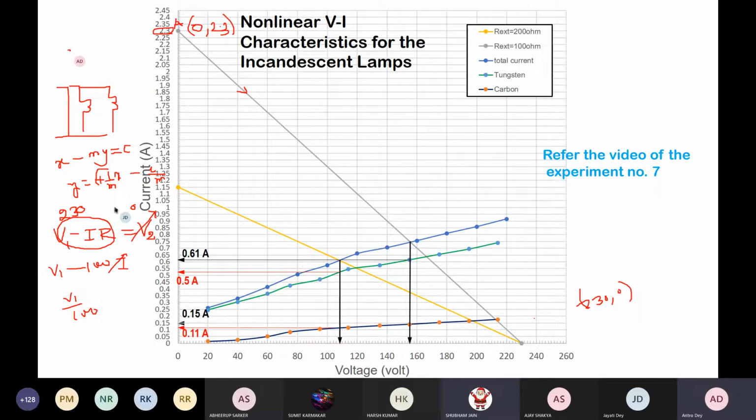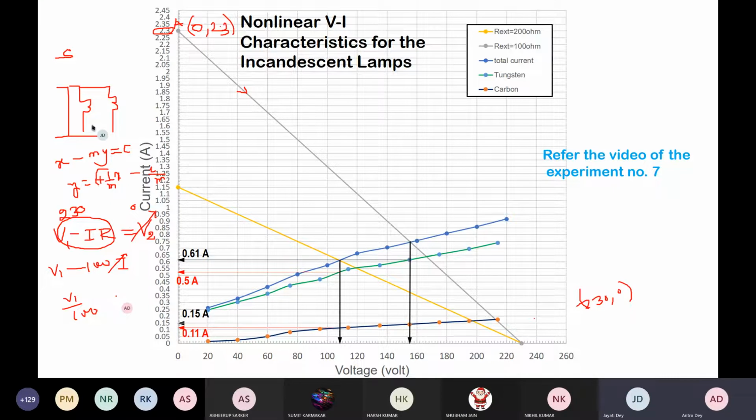Speak here. Hello? I think the slope is positive. Yes, it is a positive slope, ma'am. Then why is the graph in negative slope?